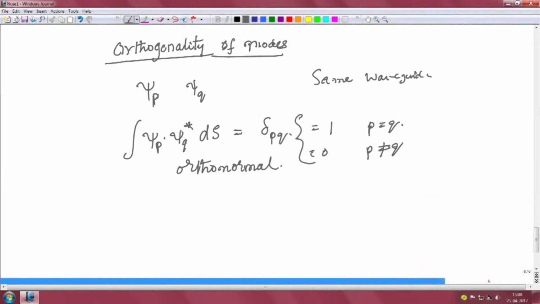So, taking this clue, we will multiply the first expression, the expression that we have derived here.